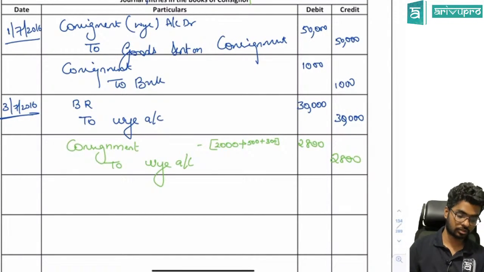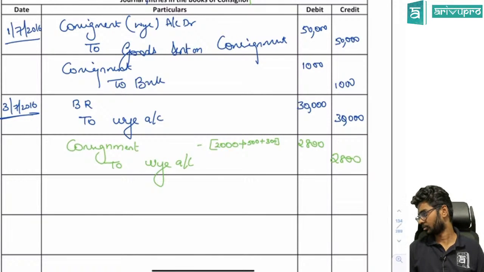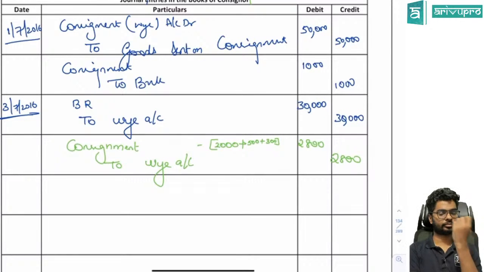Are you clear? It doesn't matter, Rishabh. Because I told you under consignment we don't write any names or other things.